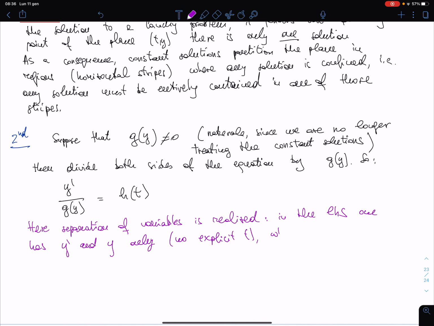While in the right-hand side one has t only, no y nor y prime. Okay, so now we are at this point, and now we integrate.